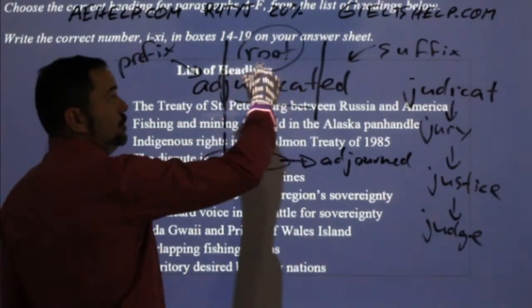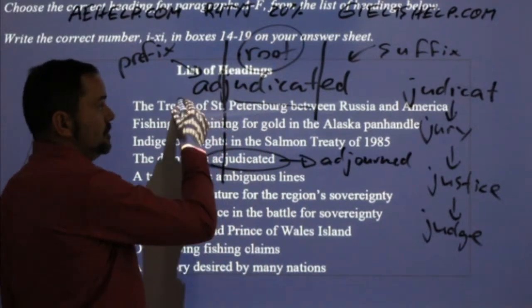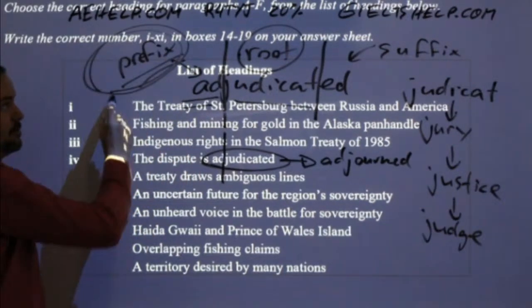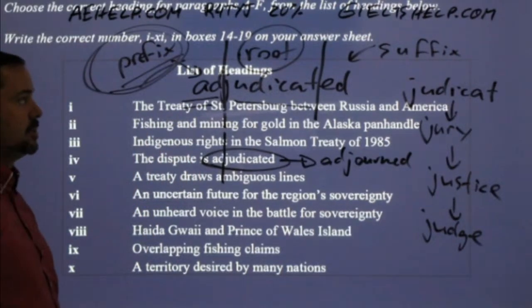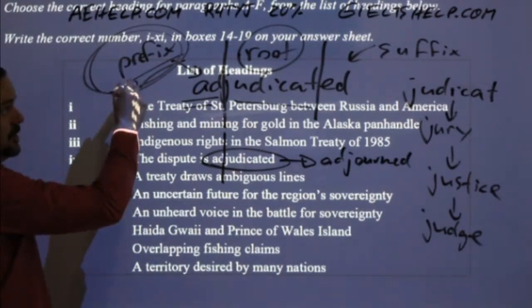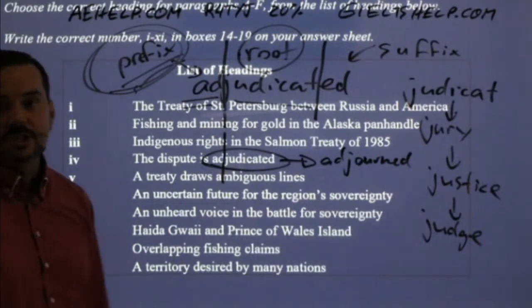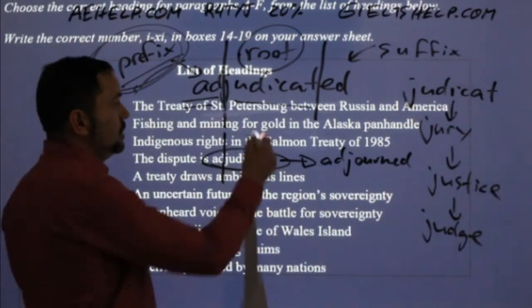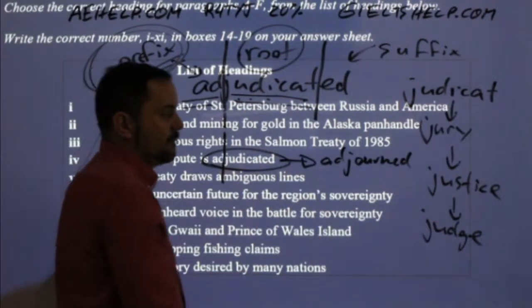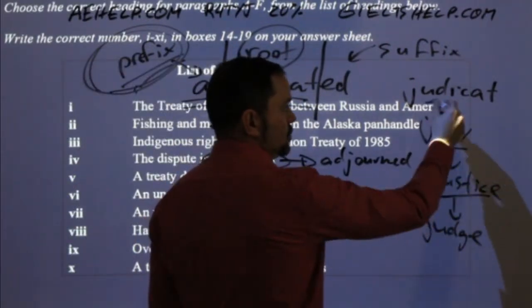Figure out the root. You should be familiar with your prefixes. Make sure that you learn lots of prefixes in the English language. That will always help you. Even native speakers pay close attention to that because there are so many words in the English language. Then you look at the root, and from these words you will know what judicate means.